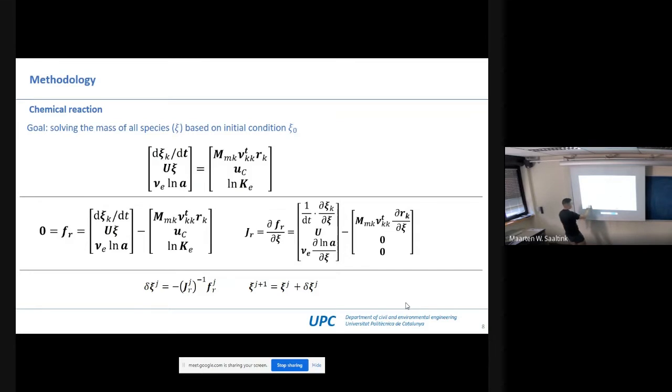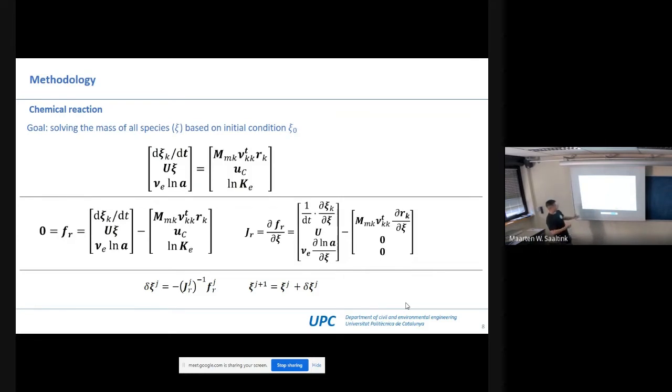For instance, the derivative of the term mu e log a minus log k is given here. Because log k is a constant, its derivative is 0. And mu e is a constant, so the derivative is mu e times the partial derivative of log a over the partial derivative of the mass of the species.